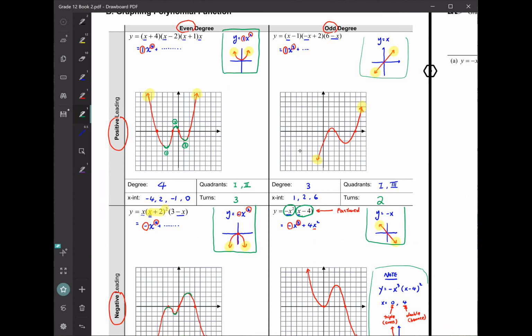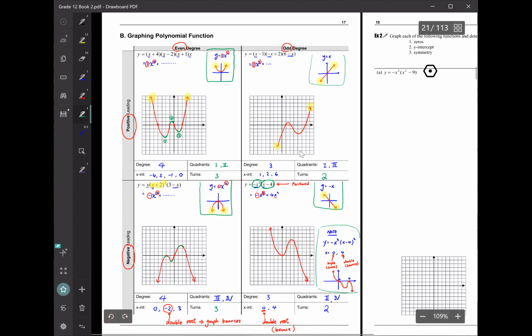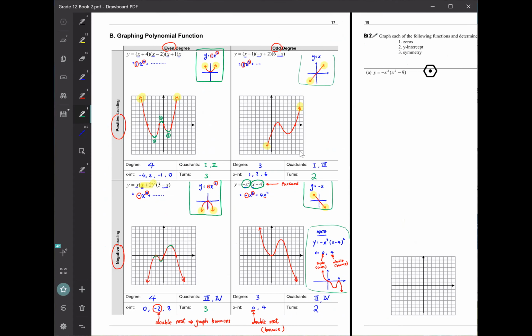Even positive, 1 and 2. Even negative, 3 and 4. Odd positive, 1 and 3. Odd negative, 2 and 4.